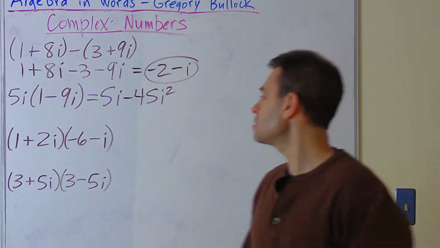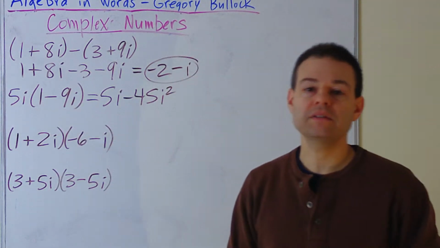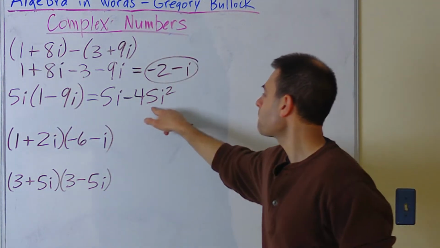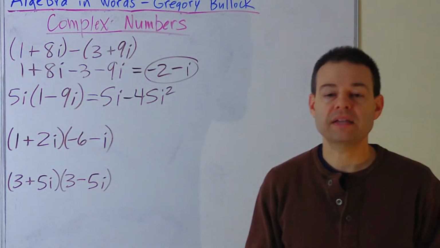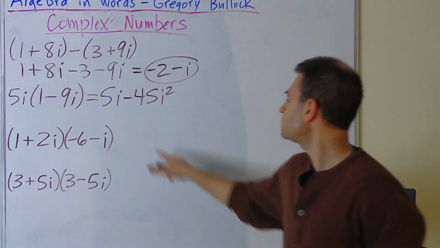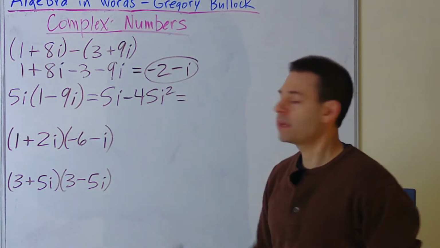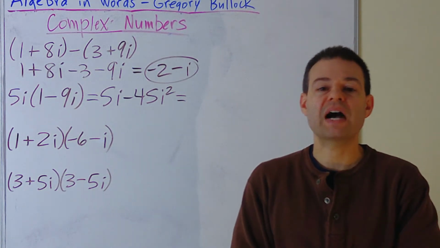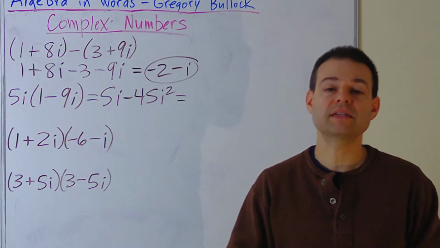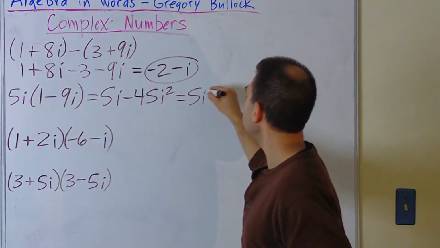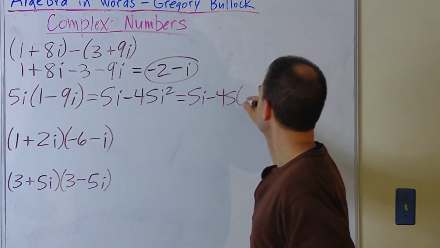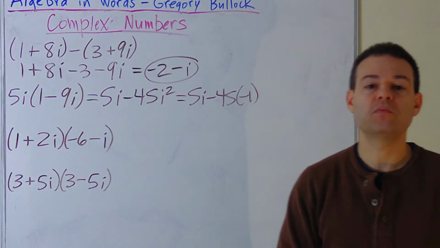Multiply the coefficients, 5 and negative 9, to get negative 45. And the i's, and since we have i times i, it's i squared. But as I was just mentioning, whenever you have i squared, you want to change that to negative 1. So let me rewrite this now as 5i minus 45 times negative 1.